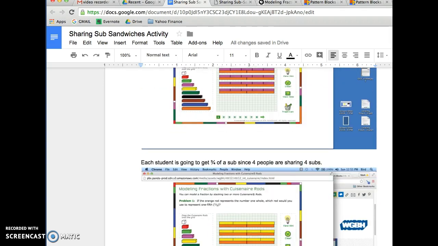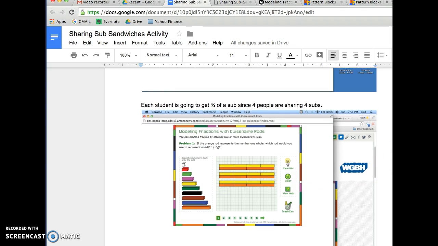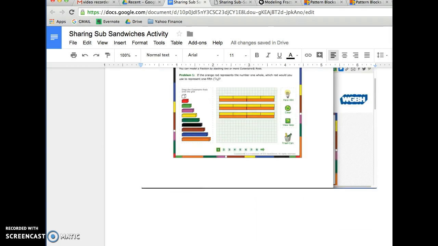And if we look at the table of the 4 students sharing 3 subs, each student would get 1/4 of the sub, giving them a total of 3/4. So that's how you would represent 4 students sharing 3 subs, giving them 3/4, and 5 students sharing 4 subs, giving them 4/5 of the sub, using pattern blocks, Cuisenaire rods, and a set model.